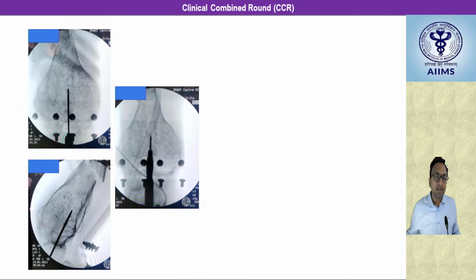Now in this patient, getting a right entry point was difficult because there was no anatomical landmark present because of the distorted anatomy. And yes, in the lateral view, if you see, normally an entry point would have been here, but we had to tilt the entry point slightly posterior so that we can put the nail in the center.